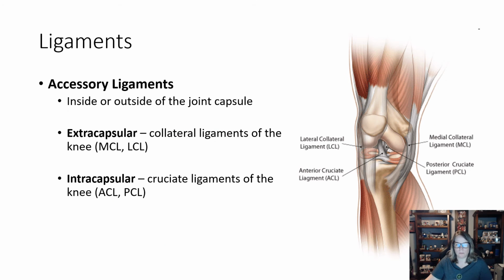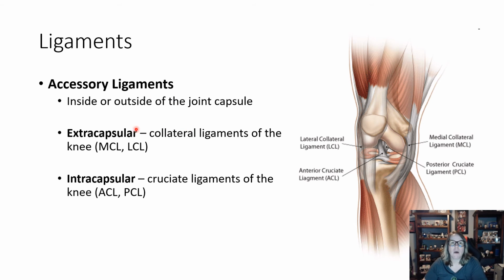Okay, let us move on and talk about some structures associated with a synovial joint. The first one is ligaments. As we look at specialized joints, we are going to be learning some ligaments. Ligaments can be found either on the outside of the joint or on the inside. I'm going to use the knee as an example because it's probably one of the most famous joints, and most people have heard of these particular ligaments.